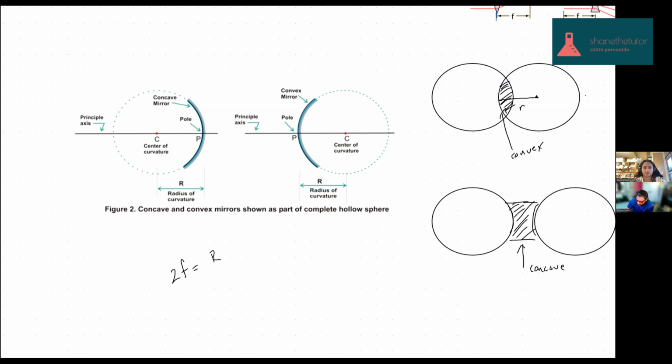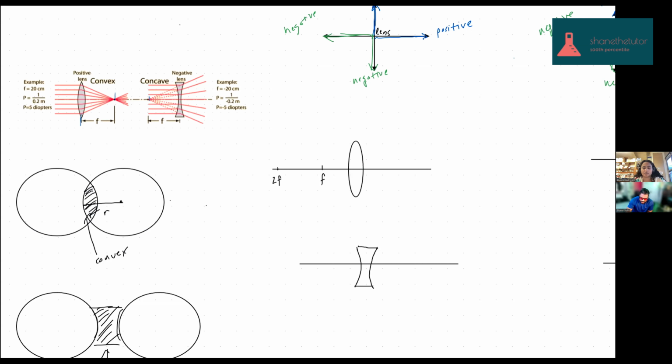Now, if we draw these out, I'm trying to find the image that I just had. Okay, got it. So f and 2f.